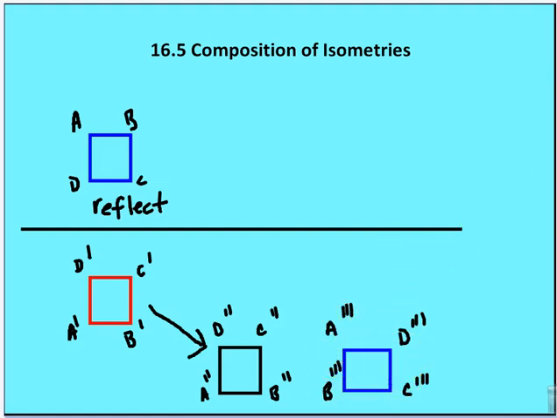So I reflect, and then we translate, and so I'm using each of the three isometries. And then we rotate. And I end up with my image based on a sequence of isometries, a composed image. All right, so this is just an example of how composition of isometries might work.